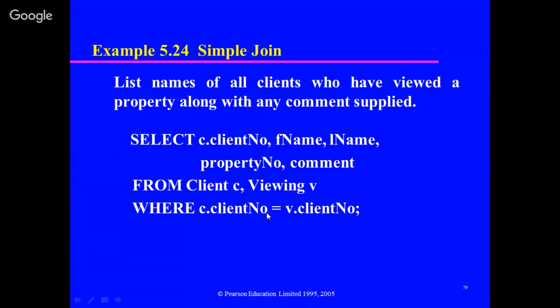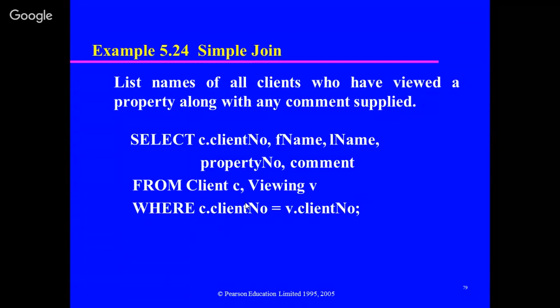When I say c.client number equal to v.client number, this is called the join clause. This is the link field, which means I am going to link the client table information with the viewing table information using this common attribute called client number.